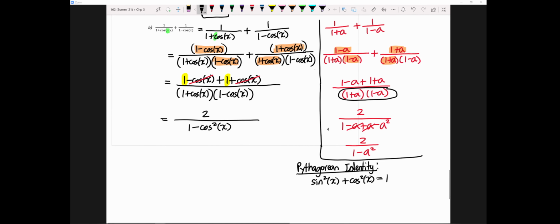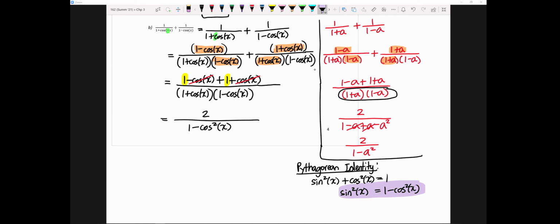When we see a trig function squared, we want to use Pythagorean identities. If we move the terms around, we see that sine squared of x is equal to 1 minus cosine squared of x. This is one that we're going to use often.